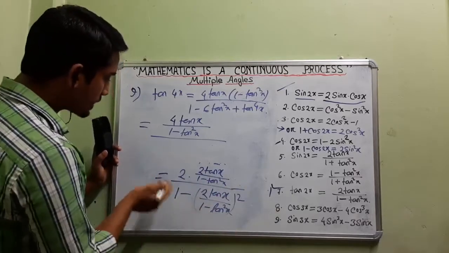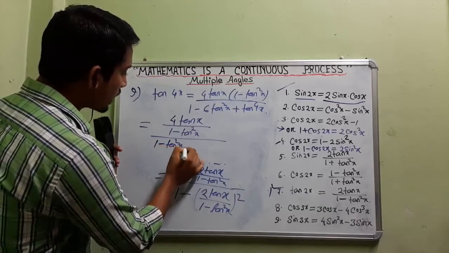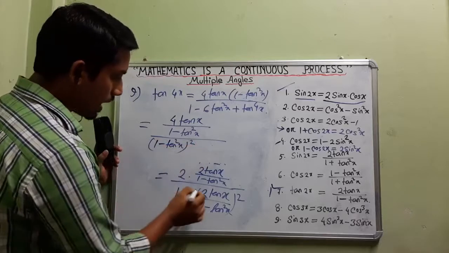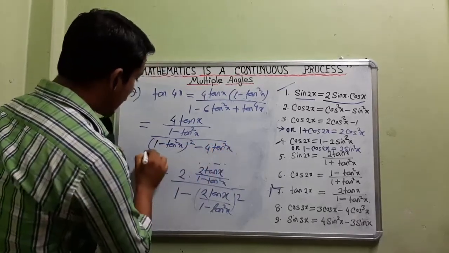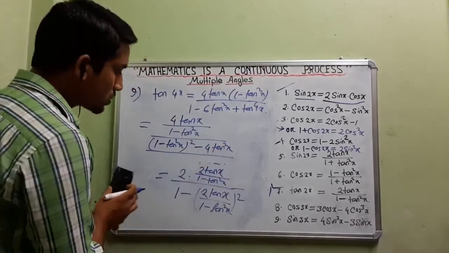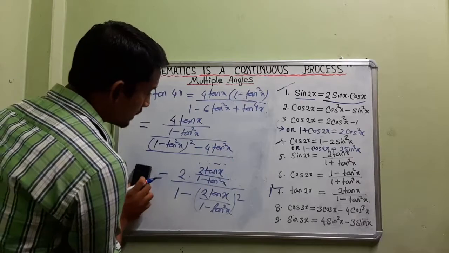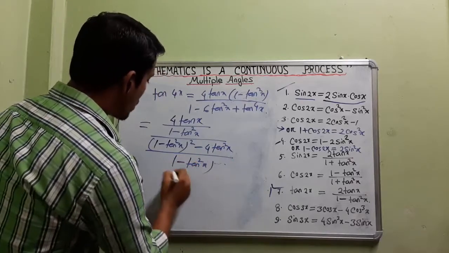So if you take the LCM, it will get multiplied by 1, so it will be 1 minus tan square x whole square. And in the numerator there is minus 4 tan square x divided by the LCM part, this whole square, 1 minus tan square x whole square. In the denominator it will be 1 minus tan square x whole square.